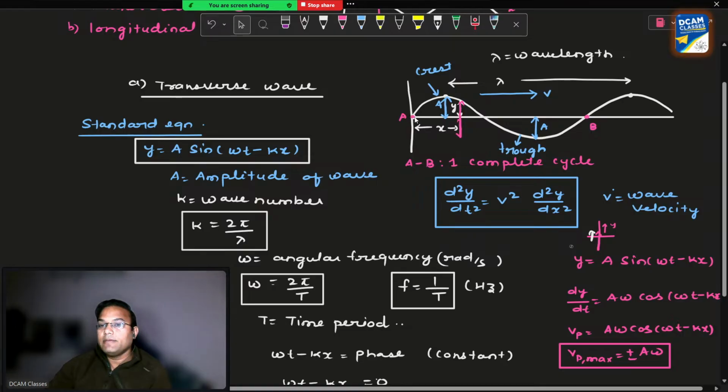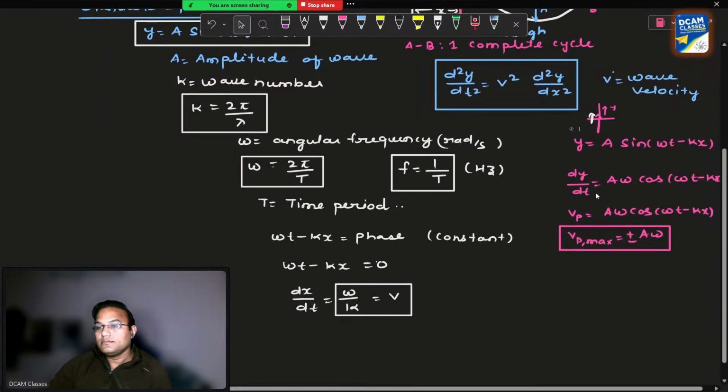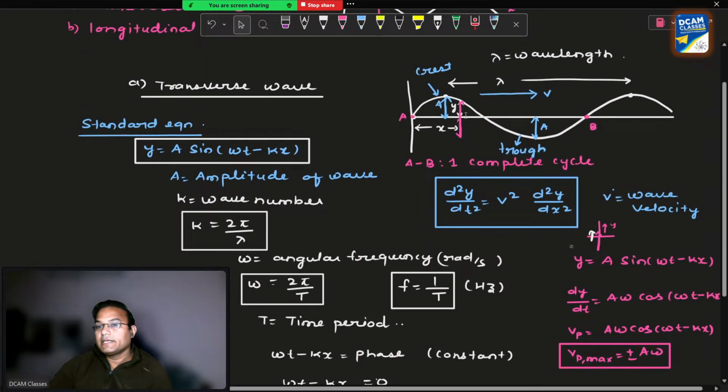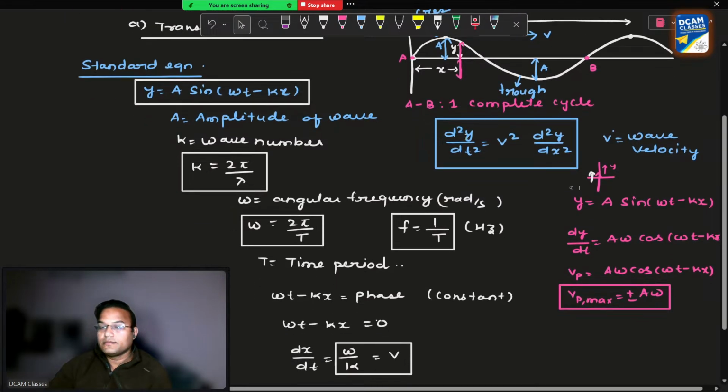At the y equal to zero position, the particle moves down. So like this, the particle will be moving up and down. And the particle velocity becomes maximum when it is at y equal to 0, moving up and down.